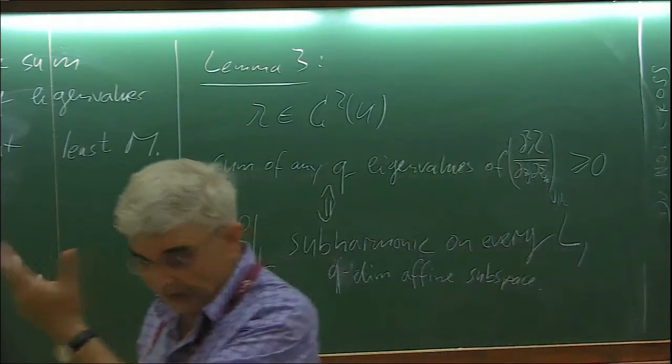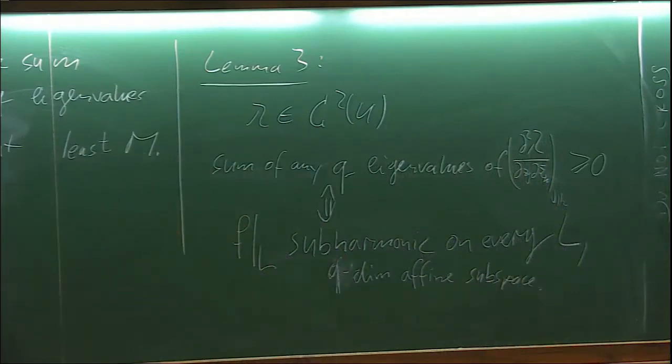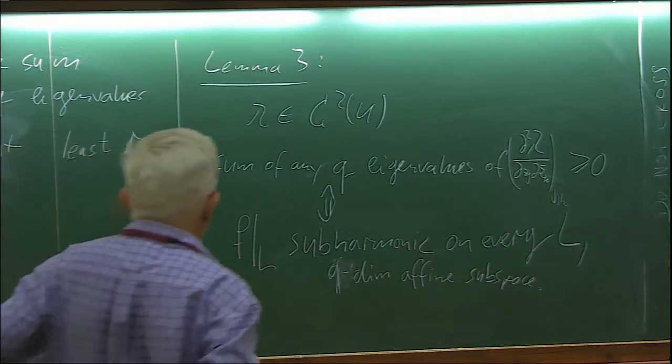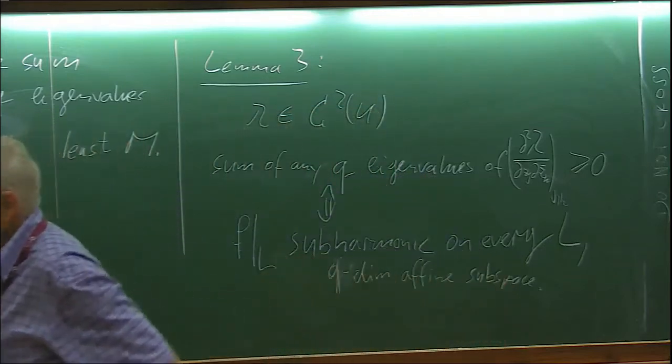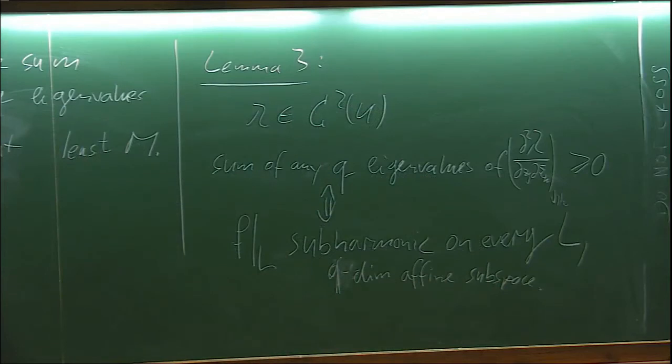And like I said, the metric on L, you take the one that comes from Cn. So when q is 1, you're subharmonic in every complex line. That's plurisubharmonic. When q is n, you're just subharmonic in the Euclidean sense. All right. Okay, but now the reason for studying this condition is because it implies compactness. Actually, let me leave this as part of the estimate here for a second.